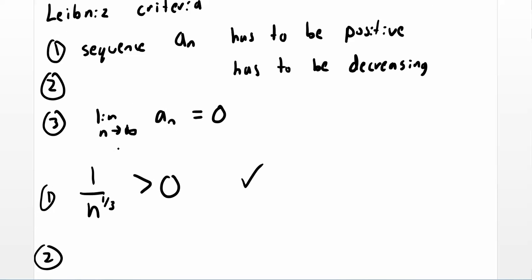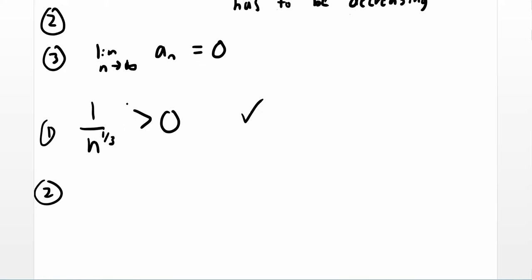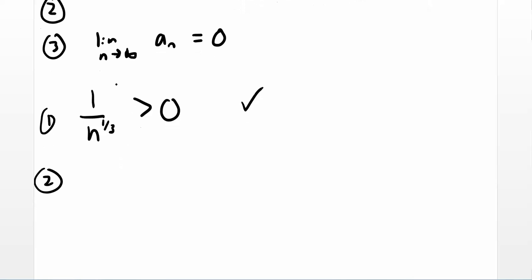That's the second one. It has to be decreasing, so we'll take the derivative. We take the derivative of the corresponding function, but it's the same thing, so 1 over, we'll rewrite it as x to the negative 1/3. And the derivative of this is negative 1/3 x to the negative 4/3.